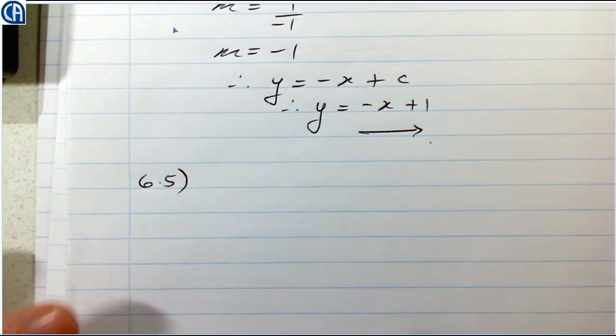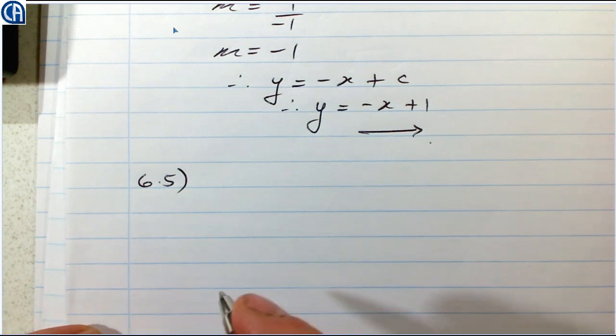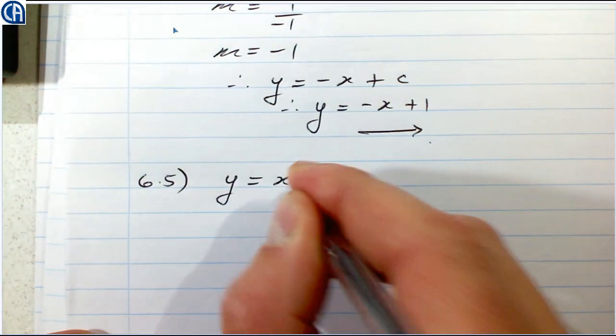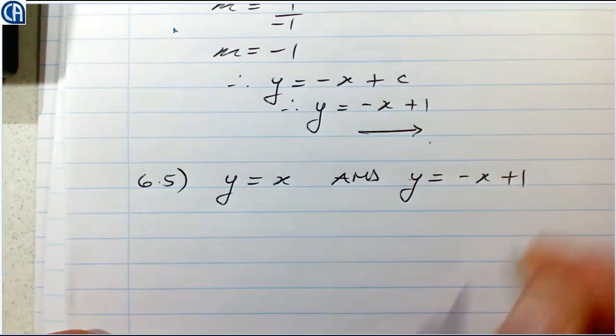Right, 6.5. Last question for 5 marks. Calculate the value of b. Okay, so what I'm going to do, I'm going to get the coordinates of R first. So R is the point of intersection between the line y equals x and y equals minus x plus 1.